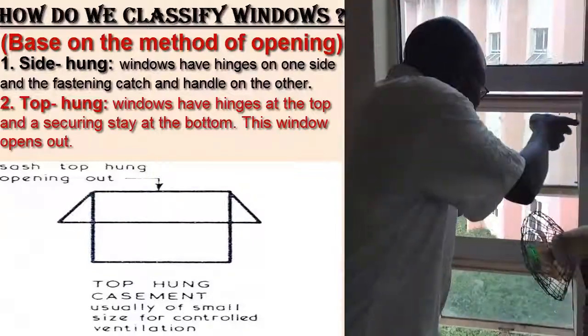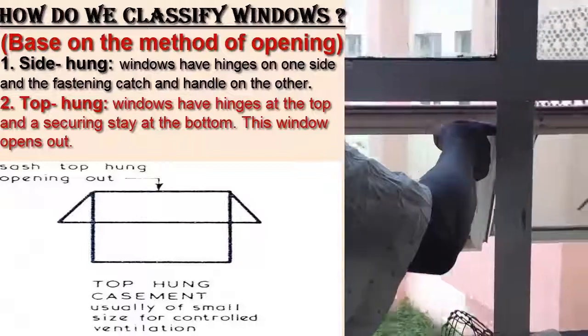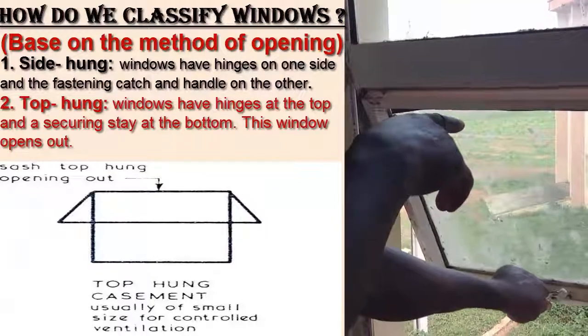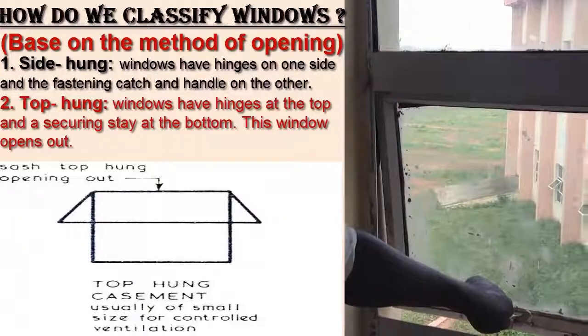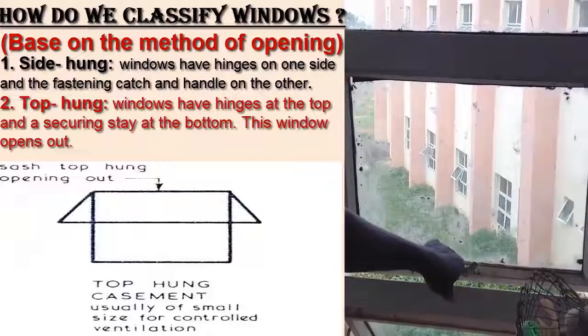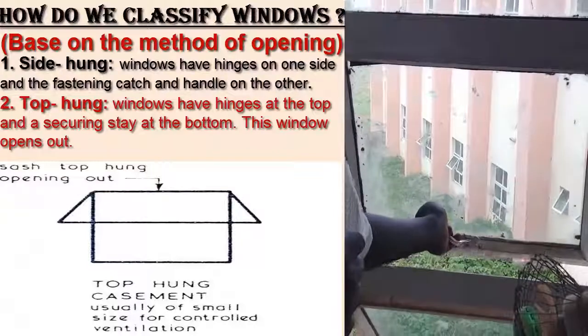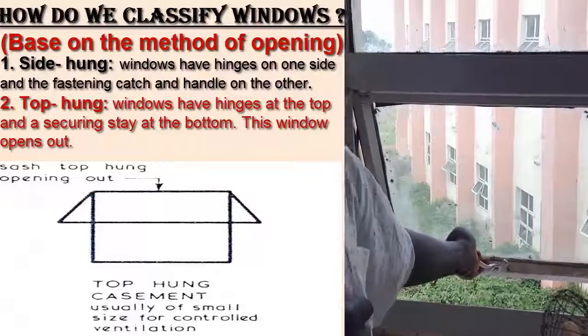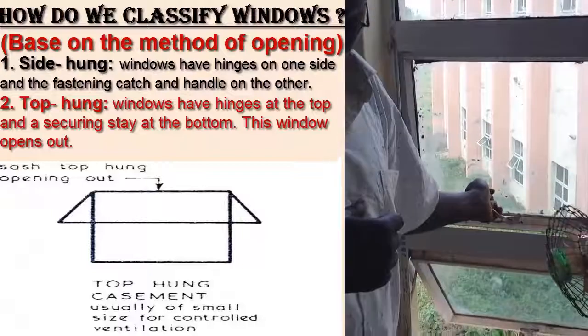The hinges are always here at the top. This type of hung closes inward, and you can only open it outward. That is the top hung.